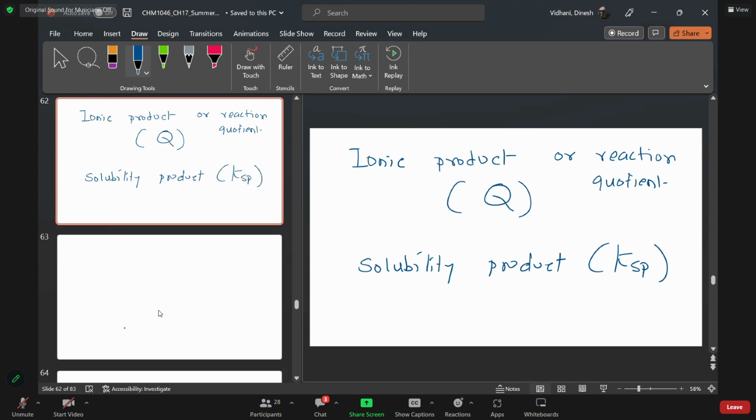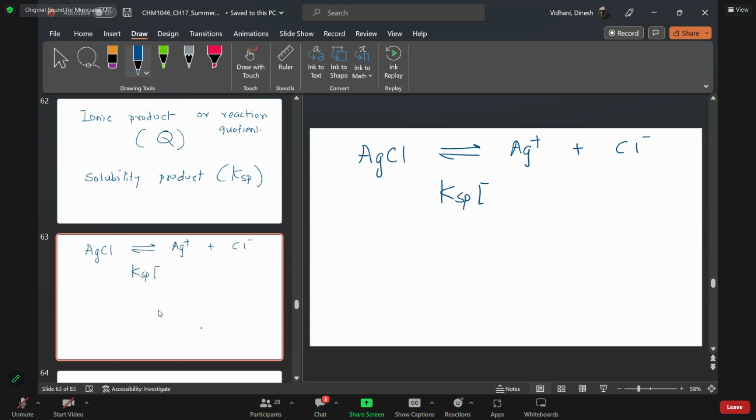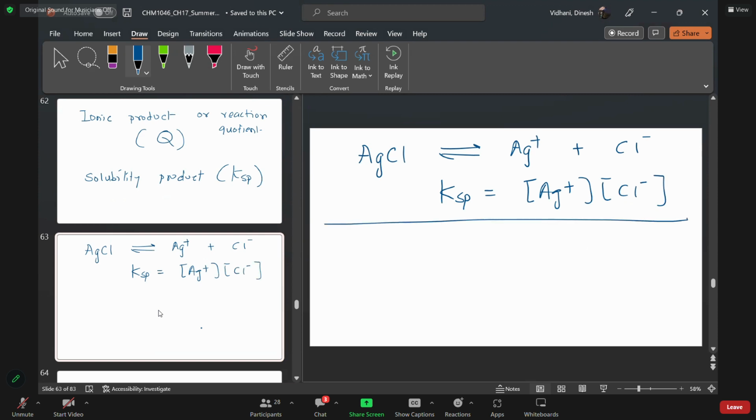So what exactly is ionic product? So let me write down the silver chloride decomposing into silver ions and chloride ions. The KSP for this one will be silver ions and Cl minus. This is the KSP equation. But Q is also the same. So how are they different?